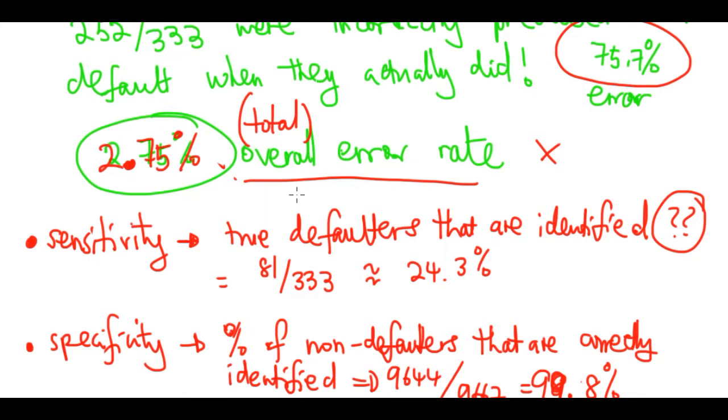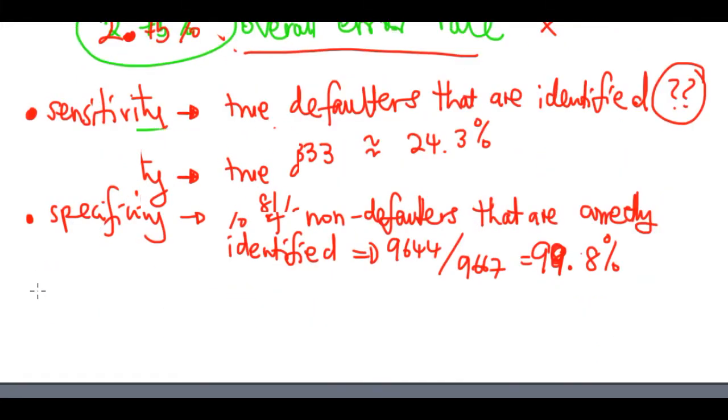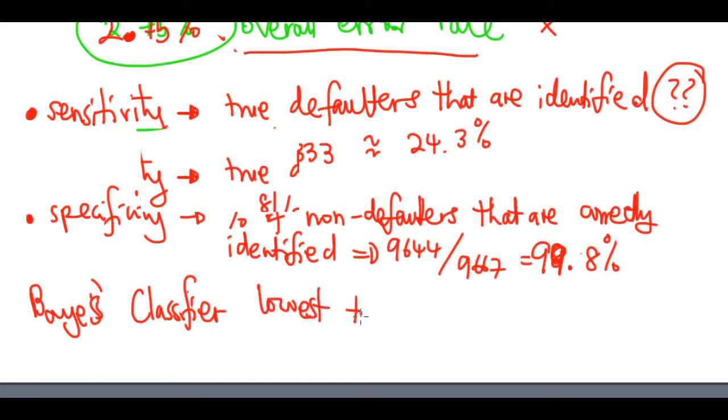It is because our LDA estimates the Bayes classifier, if you remember. Our LDA is just an estimate of the Bayes classifier. The Bayes classifier has the lowest total error rate.